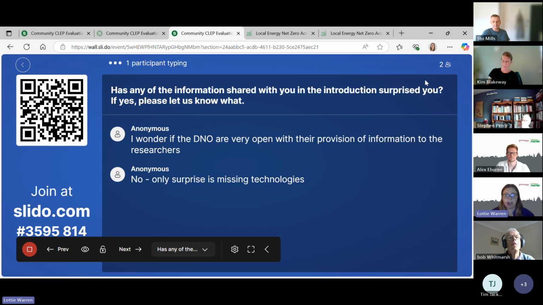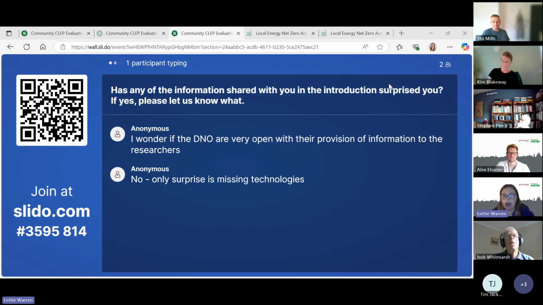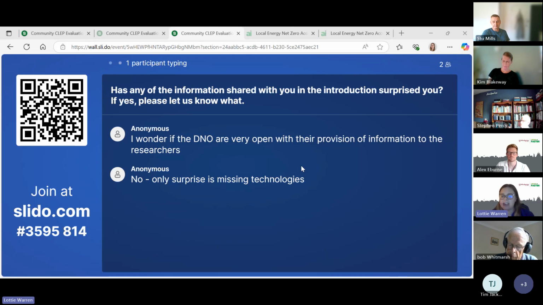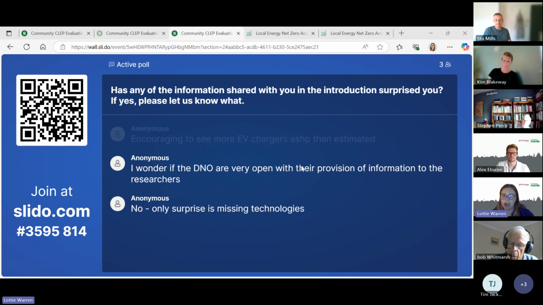So yeah, our DNO for all of Winchester is SSEN, and as I think Alex mentioned at the beginning of the call, they are our partners within this project alongside Advanced Infrastructure. They've been really open with a lot of the information, and a lot of their information has been fed into the tool which we're using to create all these maps.